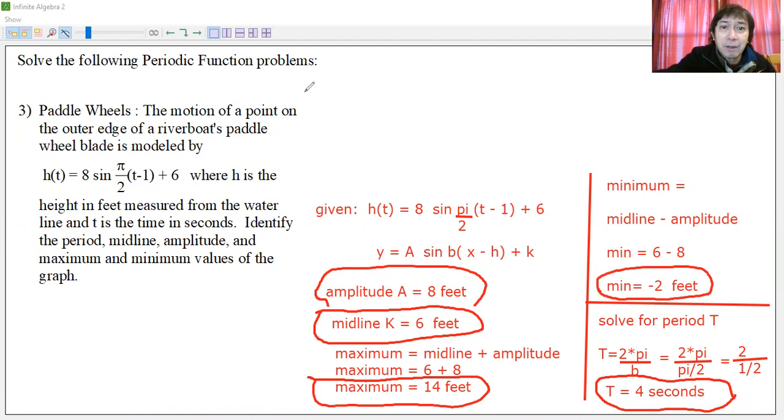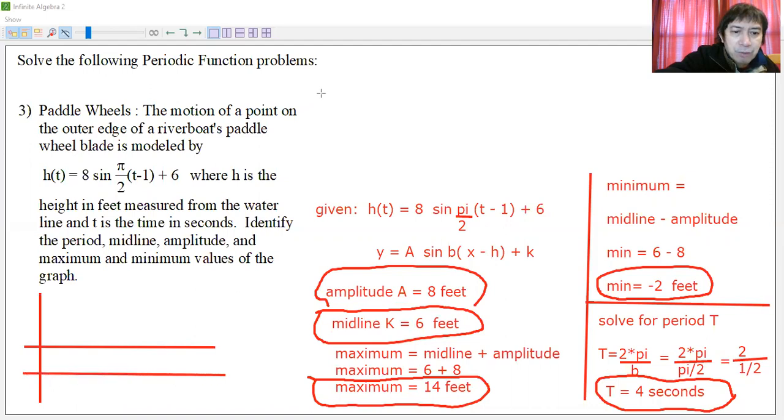Now, in graphing this, if you're going to set up the graph, you have this h, and this is the level 6, and this is the level 0. It's something like this.